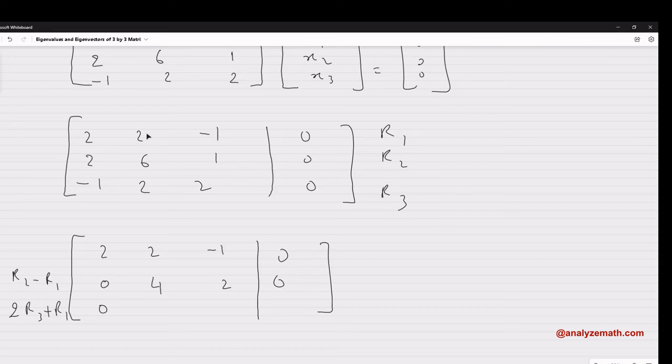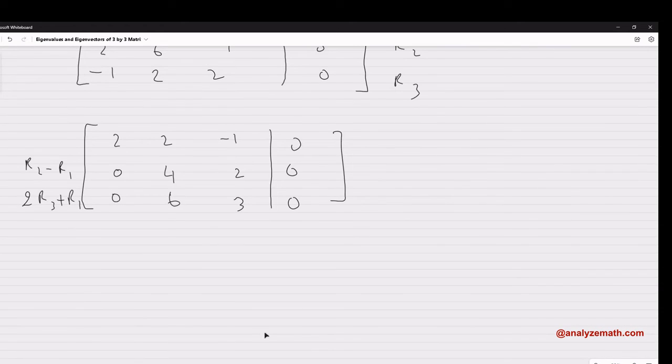This gives you 4 plus 2, 6. And then 2, 4, minus 1, 3, and then 0 here. Good. Now the next thing we are going to do is we need 0 here.